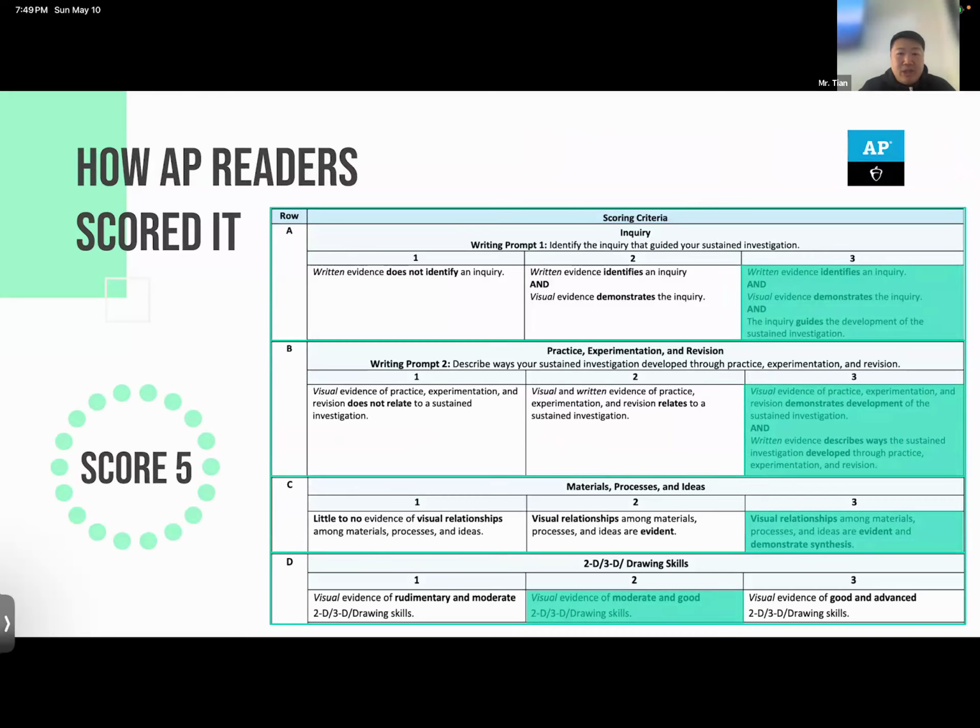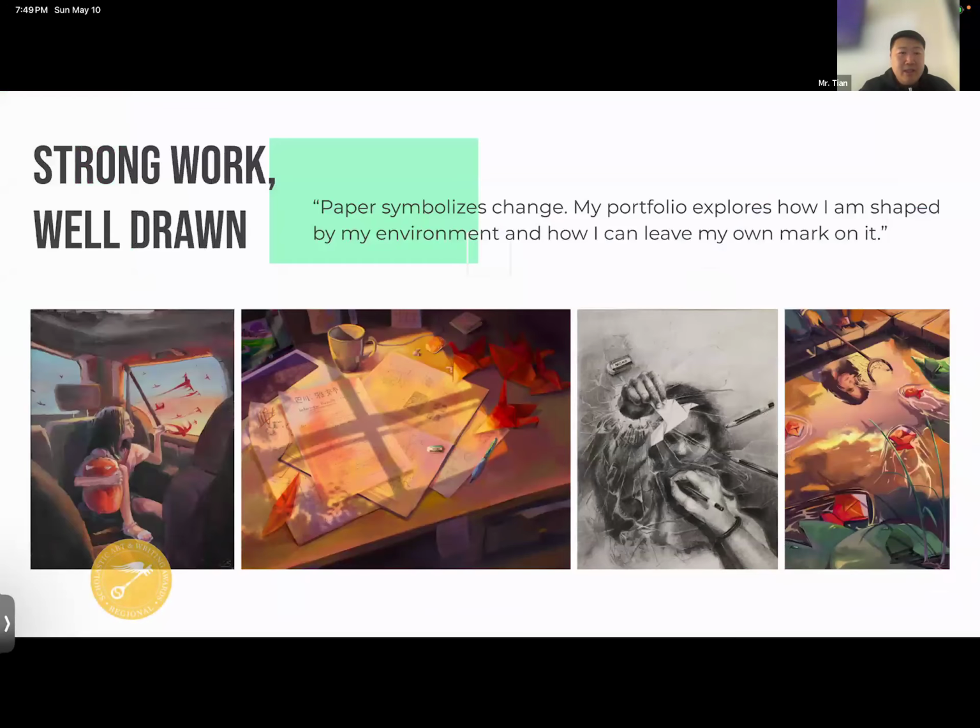Only the technical skill category is slightly lower, around 2 instead of a perfect 3. But even with this weaker technical score, the portfolio still received a final score of 5 overall. This is very important because it shows that AP really values artistic thinking and investigation more than perfect drawing technique alone. Okay, next page, please.